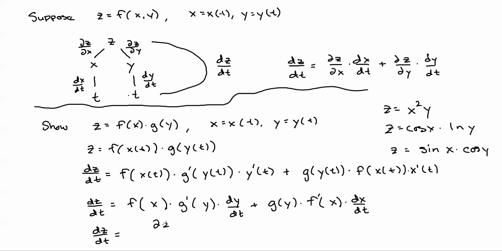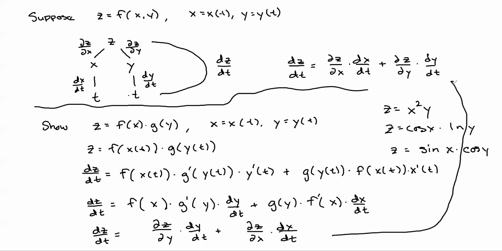That's the partial of z with respect to y. And then we have the same thing here, except now we've differentiated the x, but left the y alone. So that's the partial of z with respect to x. And you can see that is the definition that we said was the chain rule definition.